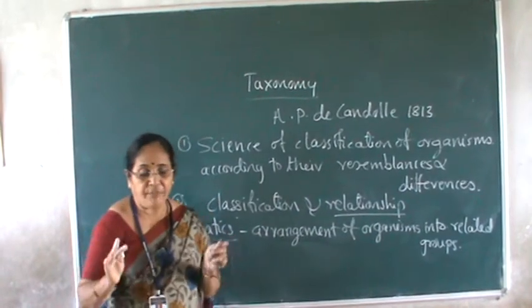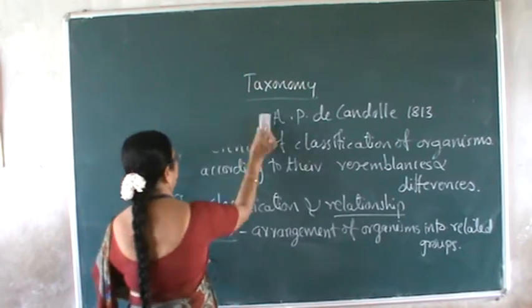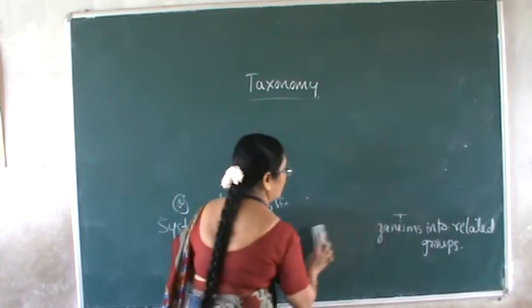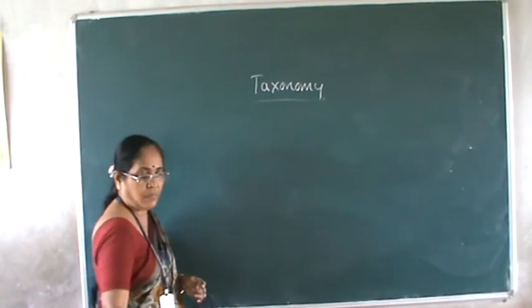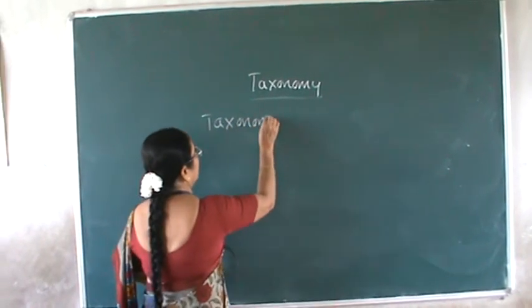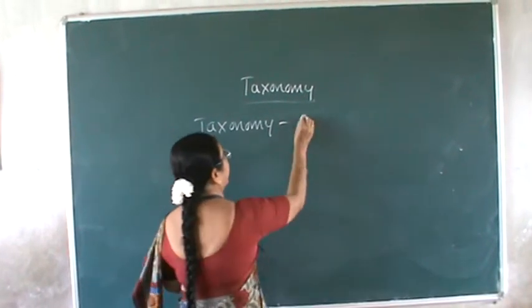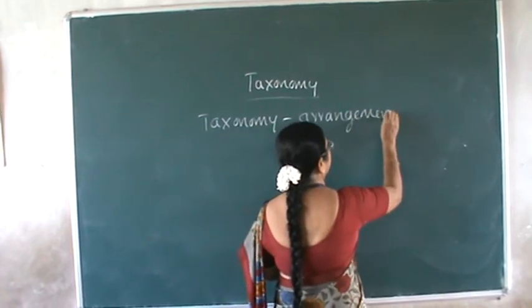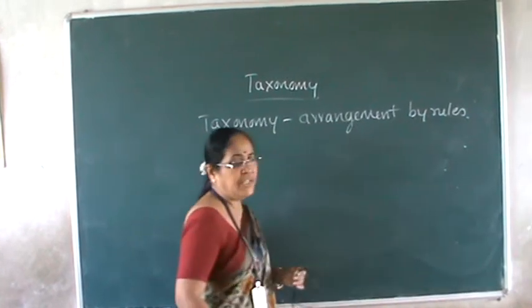The Greek meaning of taxonomy itself is arrangement by rules, because there are fixed rules for classifying the plants.